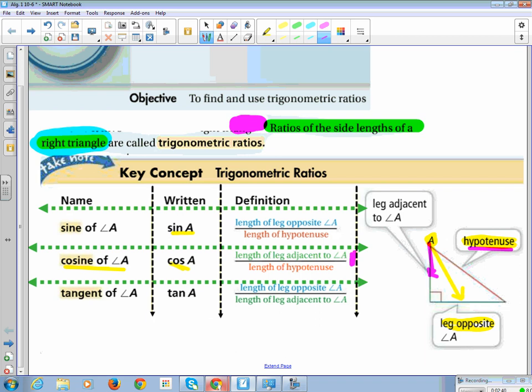All it is a nice little fraction. And then the tangent of angle A, abbreviated as tan A, is the length of the opposite side divided by the length of the adjacent side. So all we're doing is just a way to name different little fraction combinations.